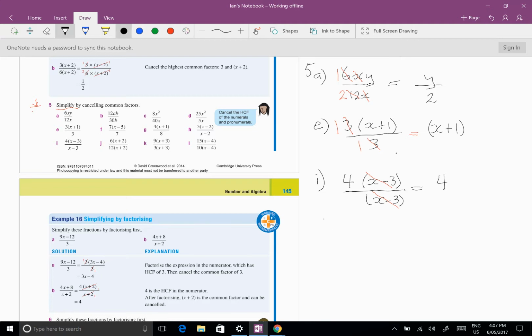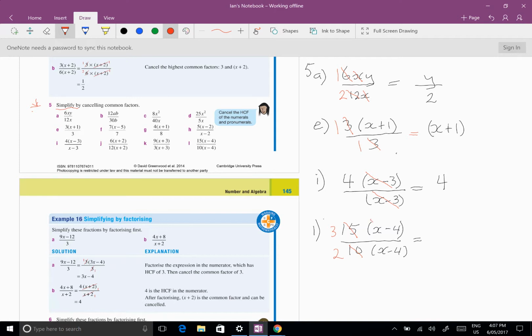Let's have a go at the last one, L. And this is 15 times x minus 4 over 10 times x minus 4. Again, you can do the 15 and the 10 as numbers on your calculator, but I can do it without a calculator. I know that 5 goes into 15 3 times, and 5 goes into 10 twice.